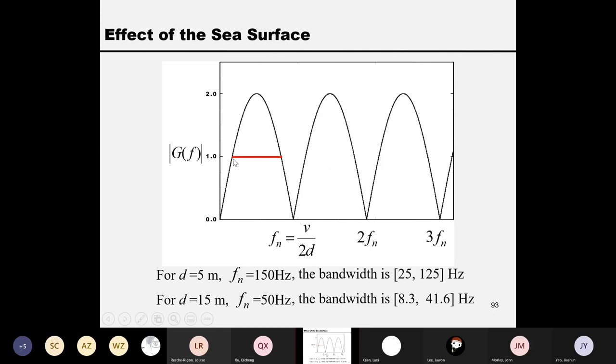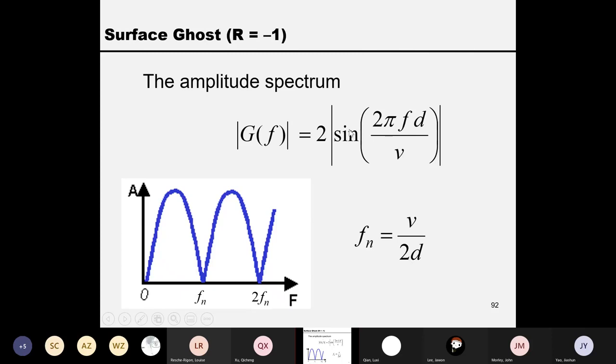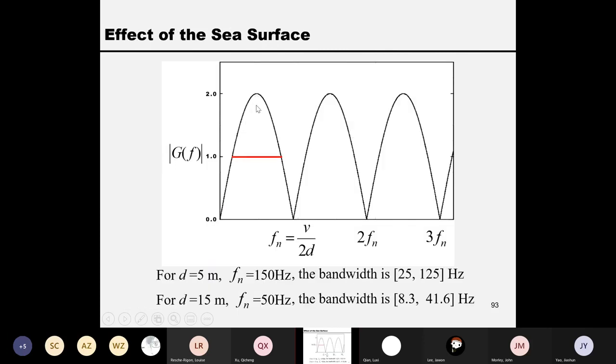Okay, I already said this. If we have a highest amplitude, in this case it is 2, you can see here, 2 multiplied by absolute sine. So the maximum magnitude here is 2. Half of the maximum amplitude, which is 1 here, you measure this one's bandwidth. I'll give you 2 examples here. One, depth equal to 5 meters, and the first notch is 150 hertz. 5 meters multiplied by 2 is 10.